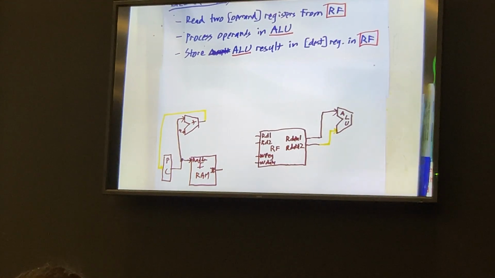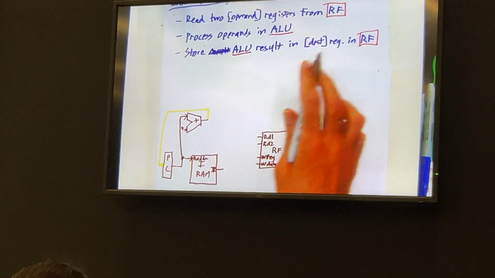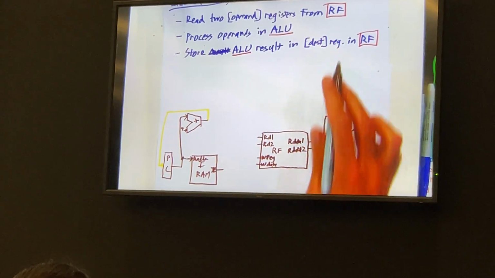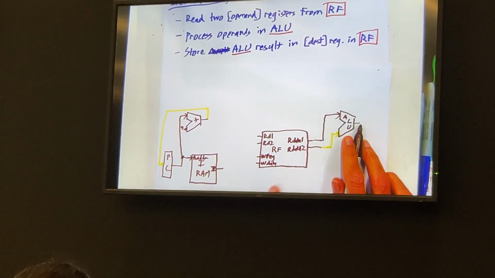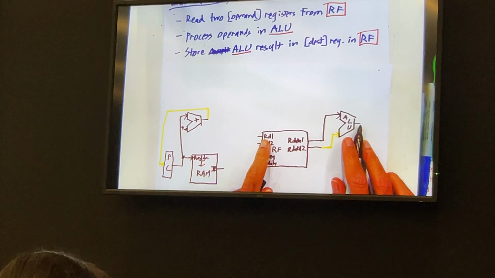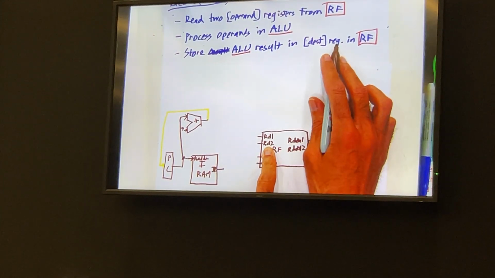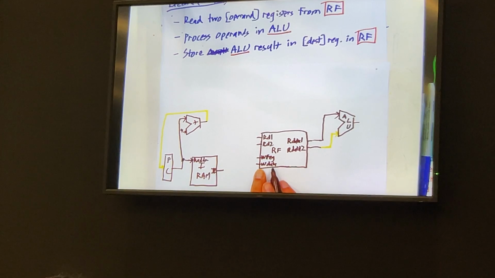And I'm going to send the ALU output somewhere: store the ALU result in the destination register. I want to send the result to which input port of the register file? Not read register 1 and read register 2, they are not about reading. I want to write to the register file, so I want to write it to write data.